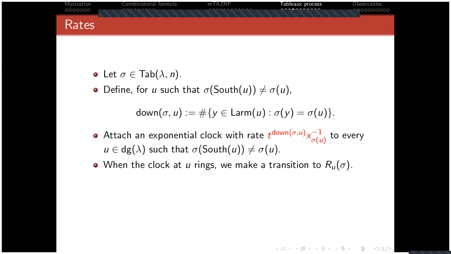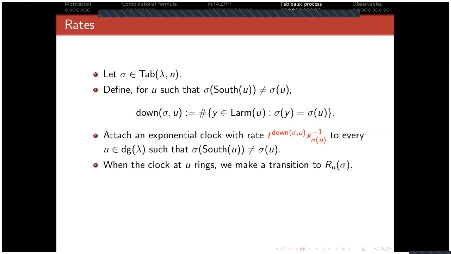So down of sigma at U is the set of all cells in the lower arm which have the same content as U. And to every such cell, we assign an exponential clock with rate t to the number of elements in this lower arm set, times 1 over x of sigma of U. That's the content.